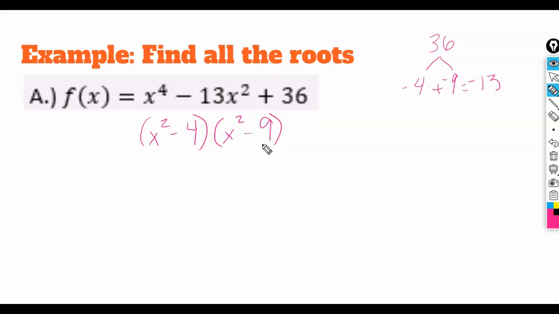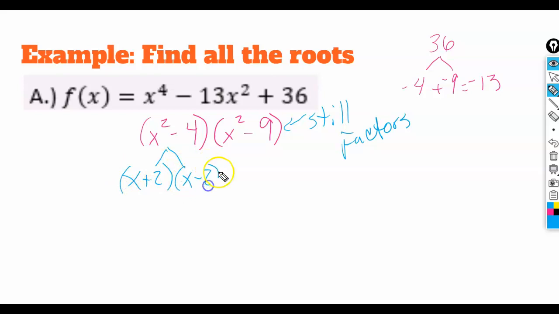And then I need to pay attention because both of these can still be factored. These are a difference of squares. It's a perfect square minus a perfect square. So that means that this is going to be x plus 2 and x minus 2. And this one is going to factor to be x plus 3 and x minus 3.